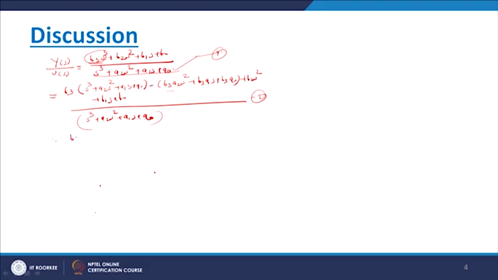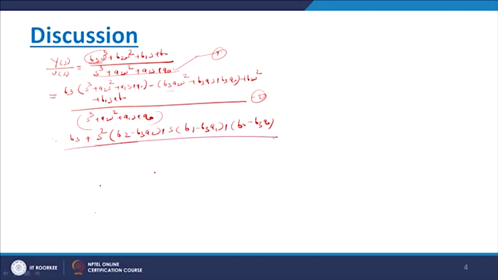We will get b3 plus, s square times (b2 minus b3 into a2) plus s times (b1 minus b3 into a1) plus (b0 minus b3 into a0), divided by s cube plus a2 s square plus a1 s plus a0.